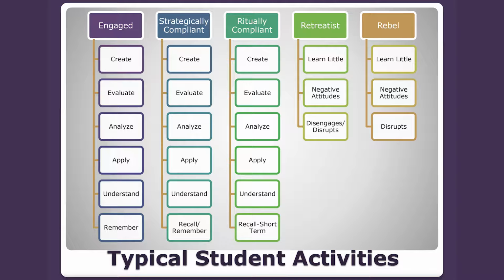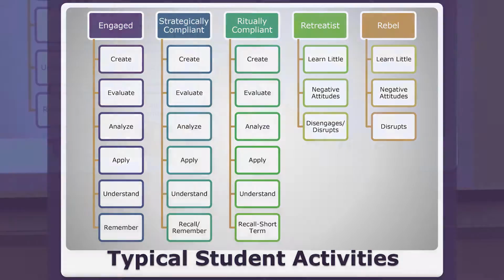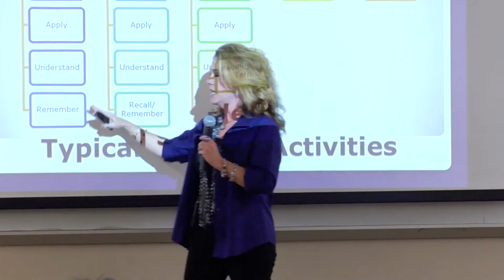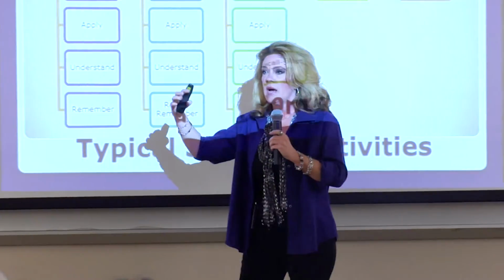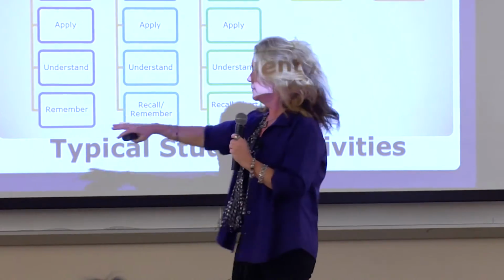So actually in our engaged, strategically compliant, and then ritually compliant, they actually have very similar types of characteristics that they're involved with in the classroom or clinical learning situation. So they go all the way from create, evaluate, analyze, apply, understand. They can work through all of those categories where the engaged student truly remembers and then takes this to the next level of a self-activity.